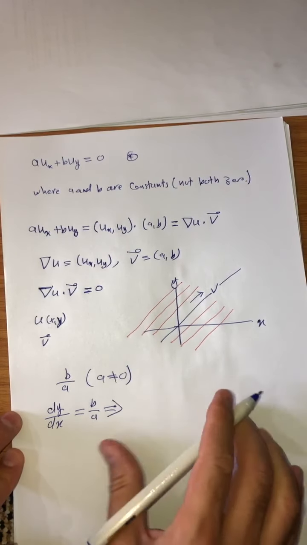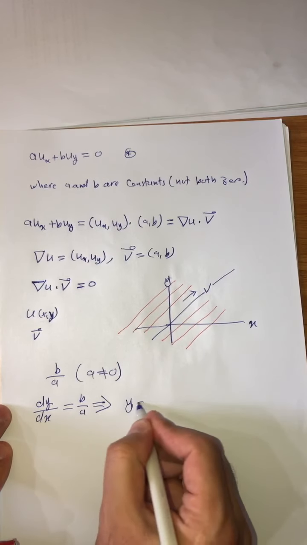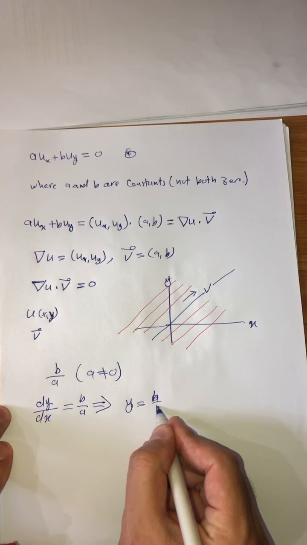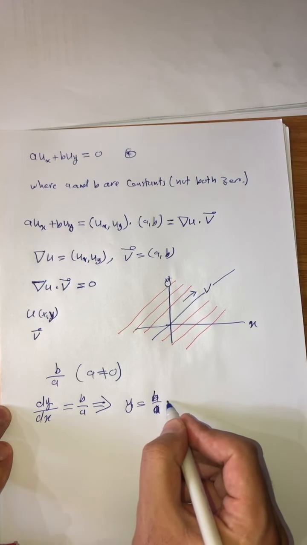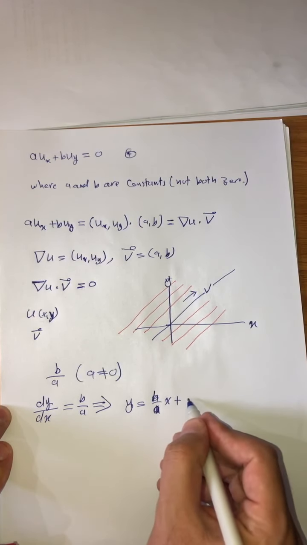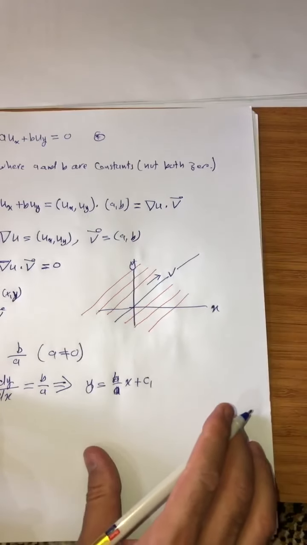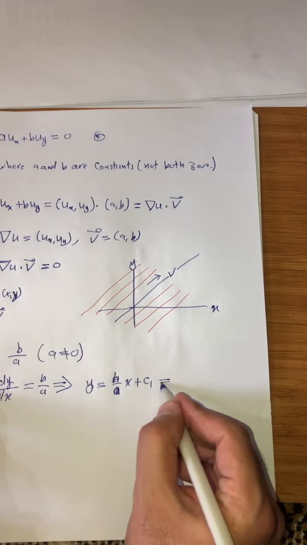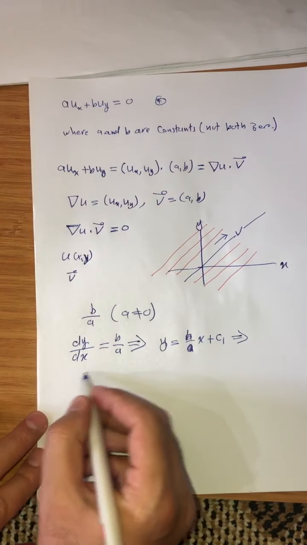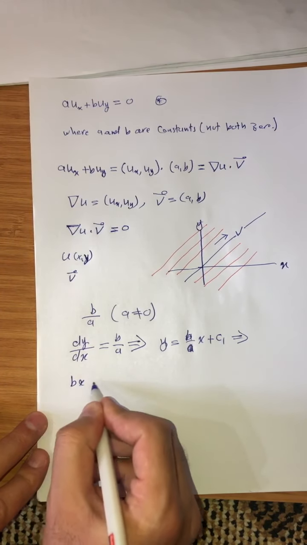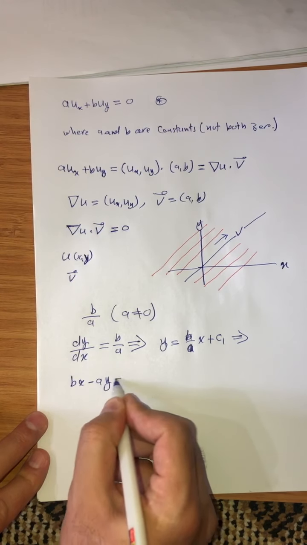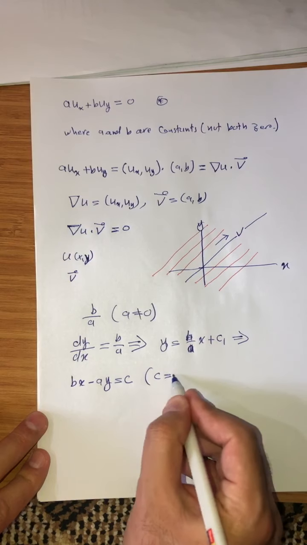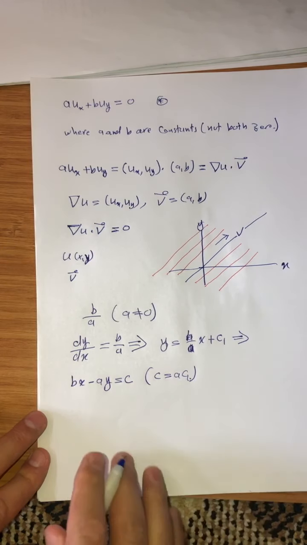This implies that y equals b over a x plus some constant, let me say c1, and then if you multiply both sides by a, we get bx minus ay equals another constant, which equals a c1.